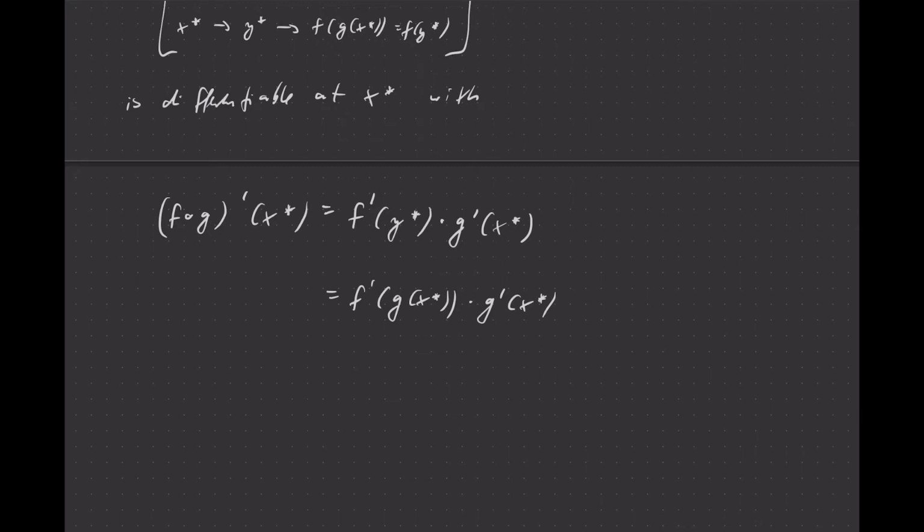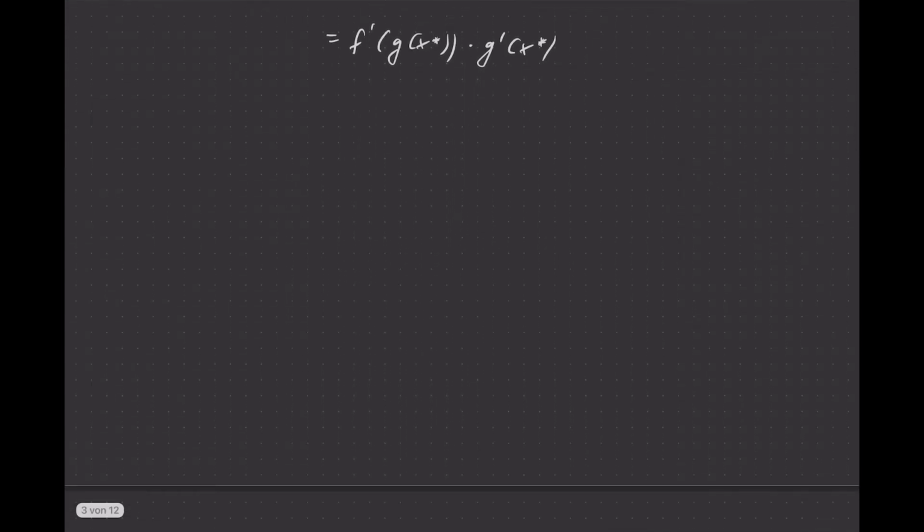But before we do that, let's first talk about the second rule of differentiation that we want to discuss here, and that is a rule for the derivative of an inverse function. So that's the second theorem of this video here. That is about the derivative of the inverse.